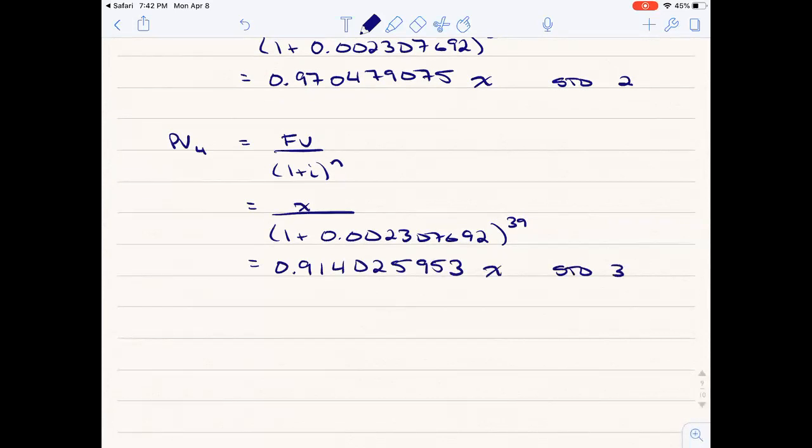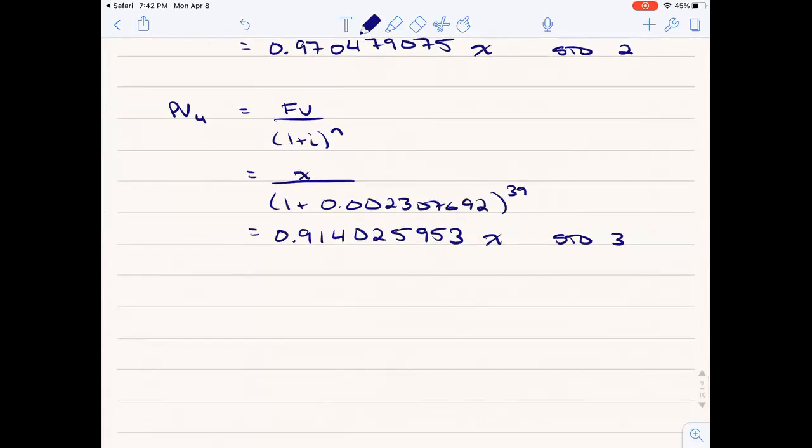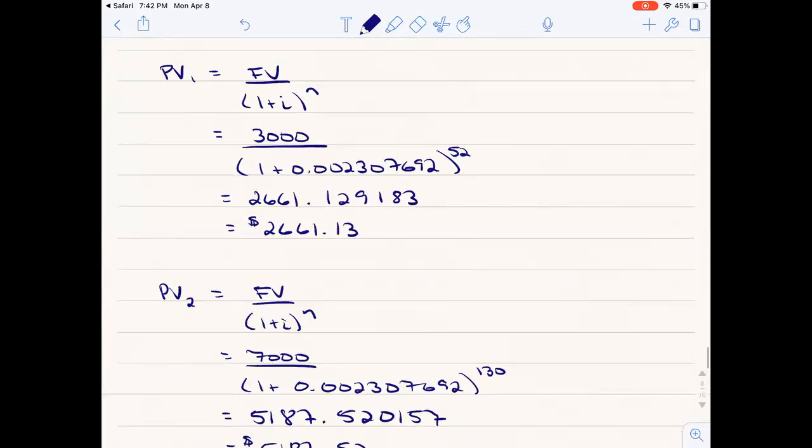And I'll store this in 3. Whew. Now we have all our present values.